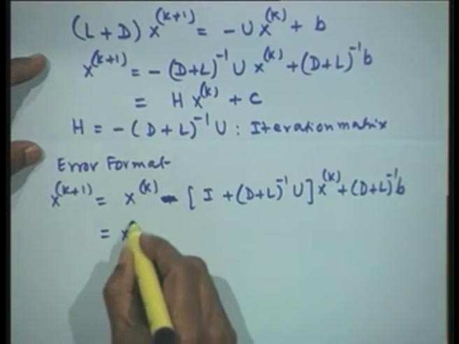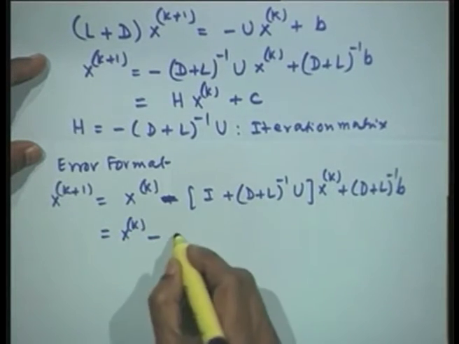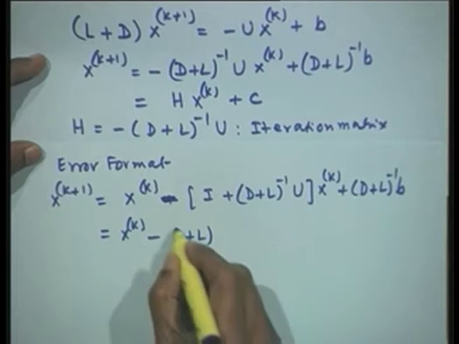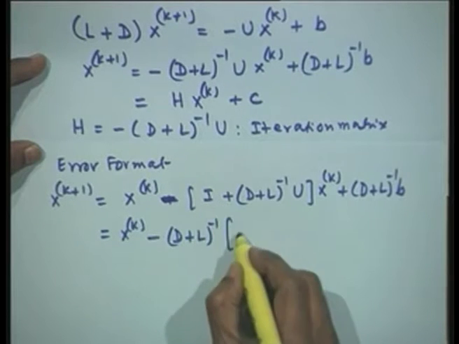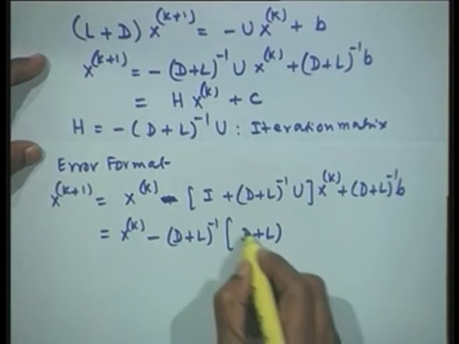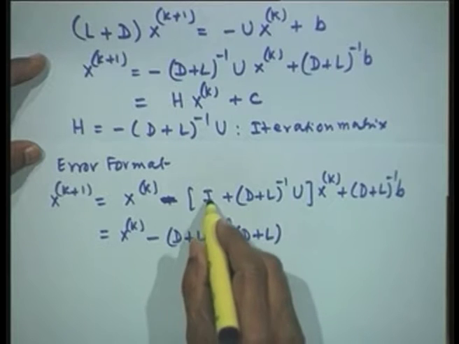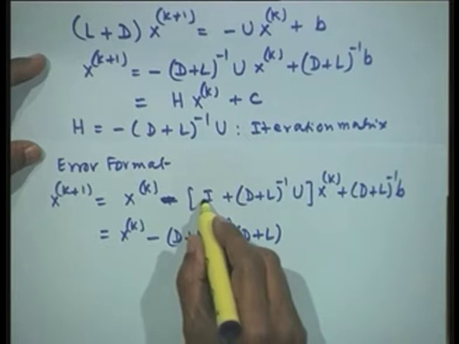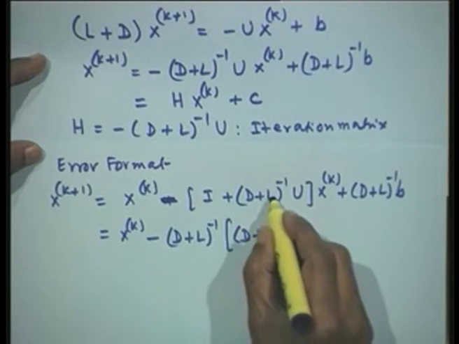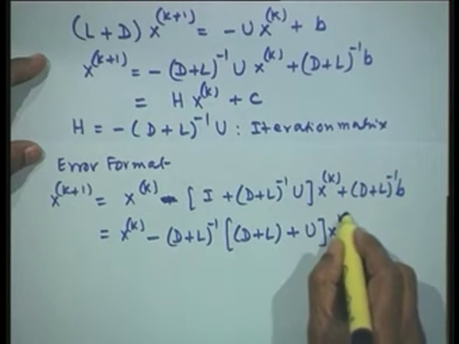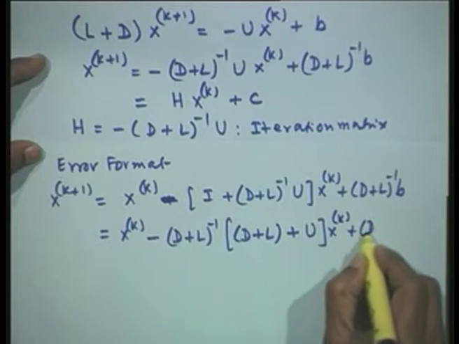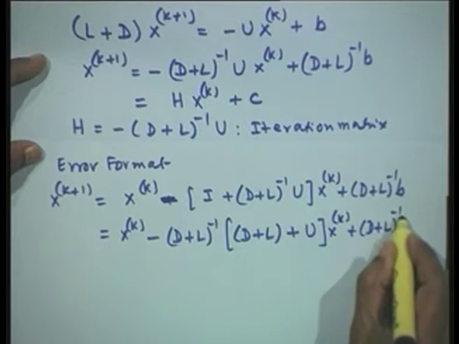Again I will manipulate it in such a way, I take this (D plus L) inverse out on the left, then this will be D plus L. (D plus L) inverse gives us I. So, this is our I, and I have taken this from the left hand side. So, U will be left out, x^k plus (D plus L) inverse of b.